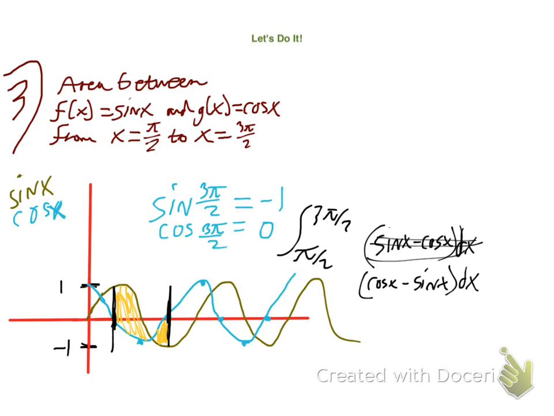Why do you need two different integrals? Because the top curve changes. For the first region shaded in yellow, the top curve is the greenish-brownish curve, sine of x, and the bottom curve is cosine of x. And then for the second region here, the top curve is cosine of x, and the bottom curve is sine of x. First region, top curve is sine. Second region, top curve is cosine.